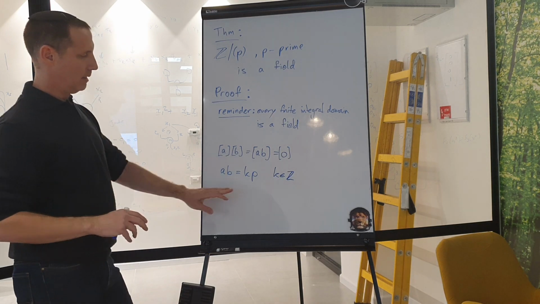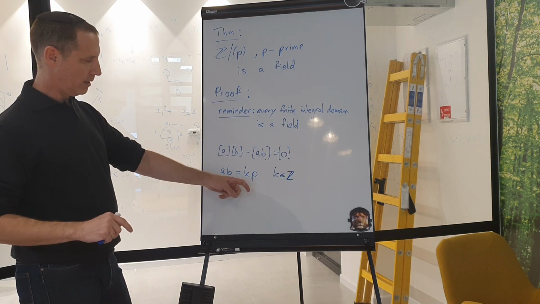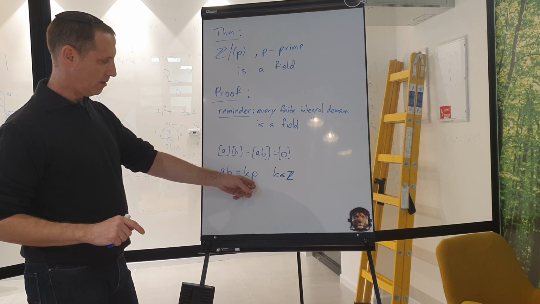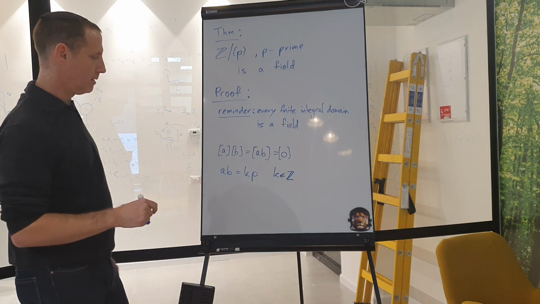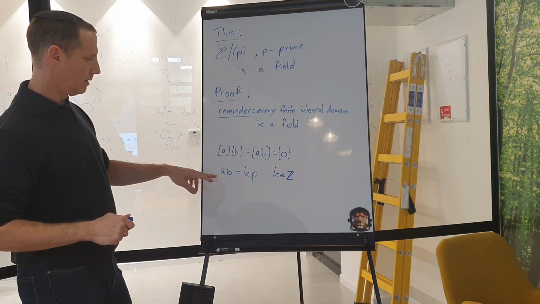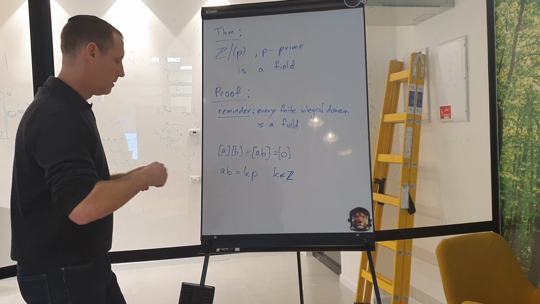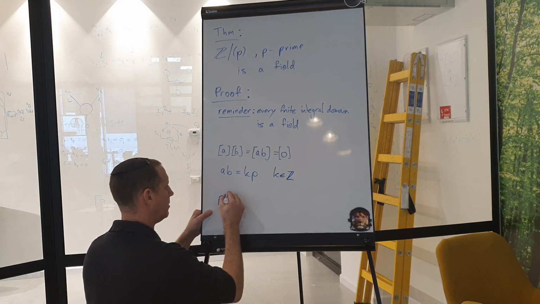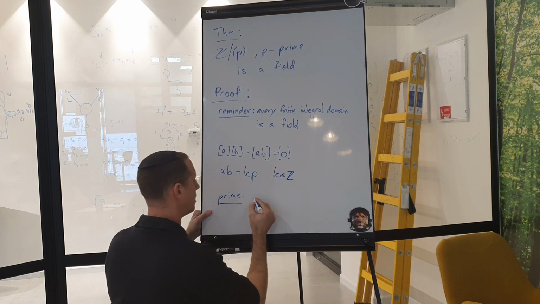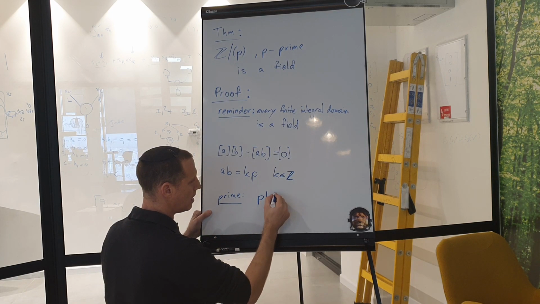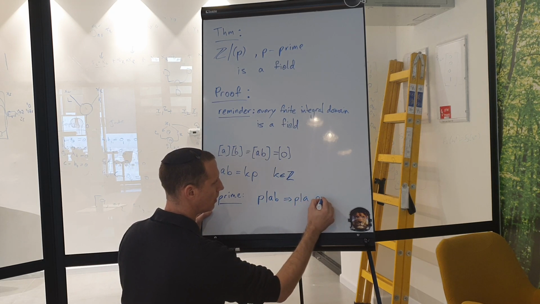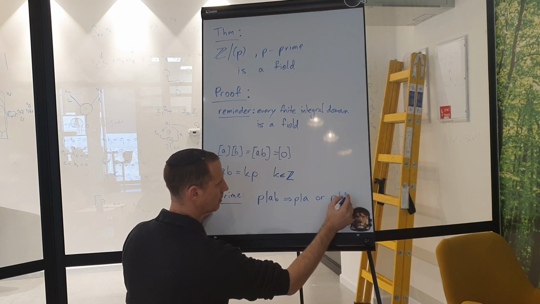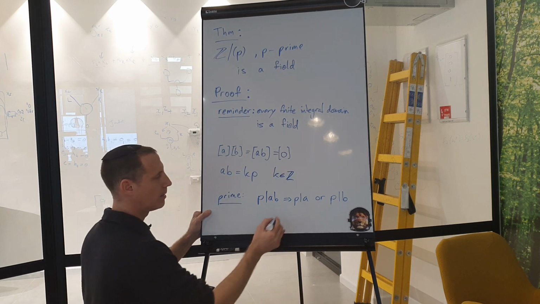The proper definition of prime is that if P divides AB, then either P divides A or P divides B. B, not D. Okay, so that's the proper definition of prime.